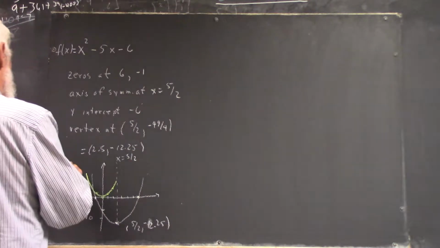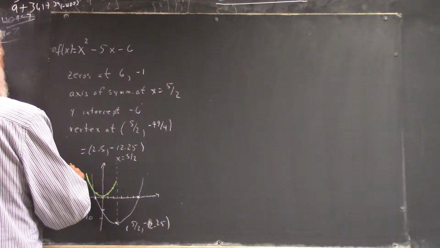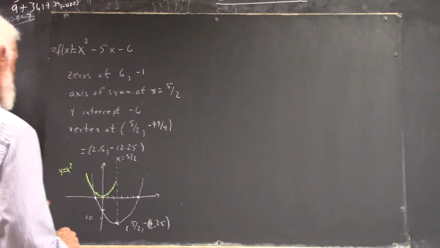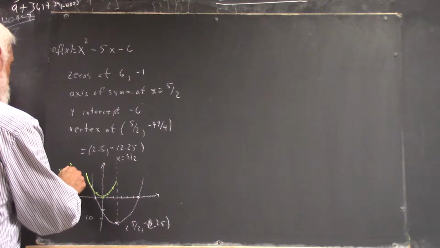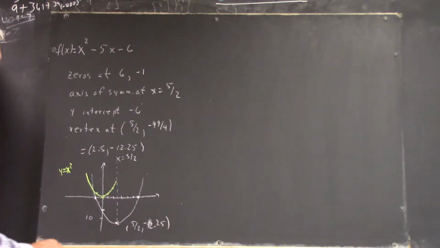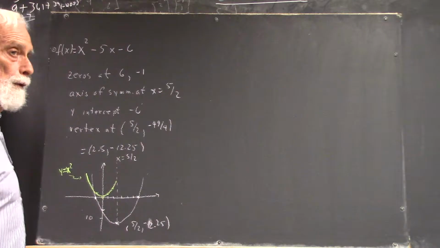Y equals x squared would be this green graph.